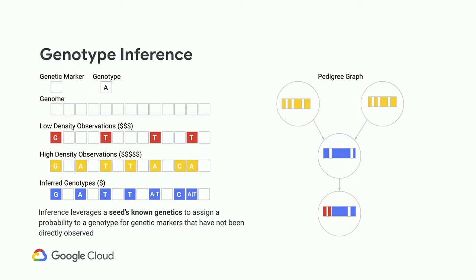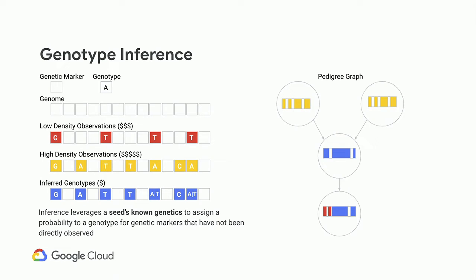The way we make those observations, we have two different levels of resolution. In red, you see low density resolution. That is a smaller number of genetic markers that we capture spread across the genome. In yellow, you see high density observations. It's a lot more markers. It's also a lot more expensive to collect, right? So these are things where we're actually sending seeds to the lab and we're running experiments to get a window into the genome of these corn seeds.